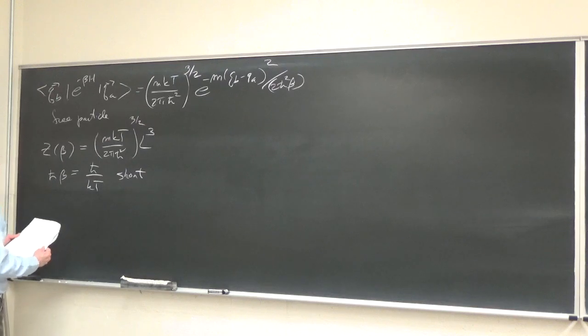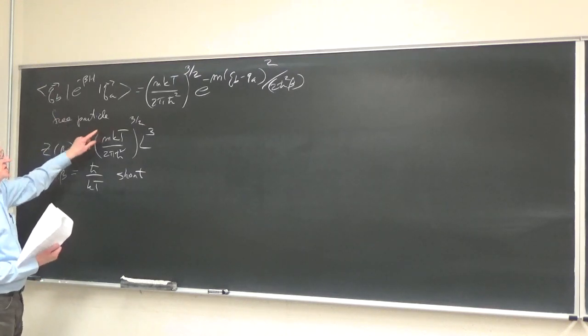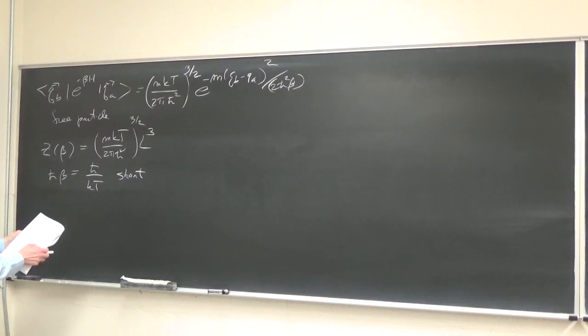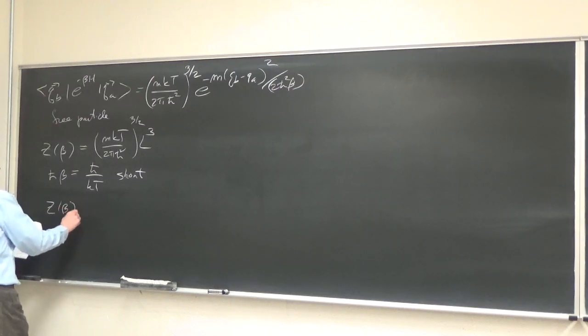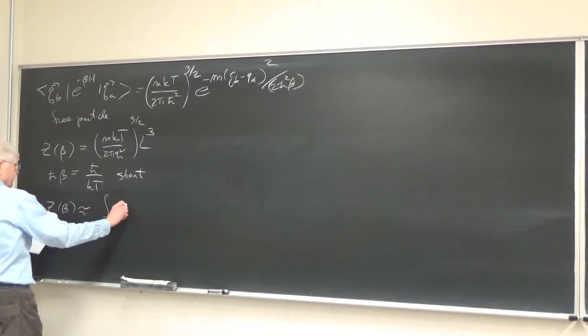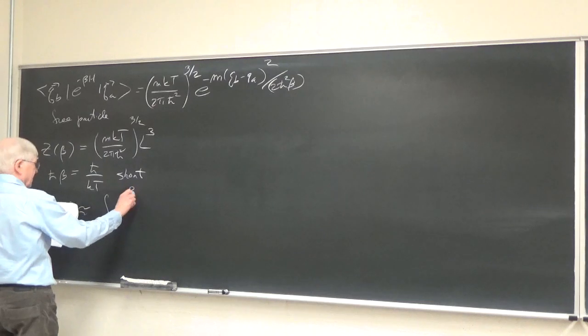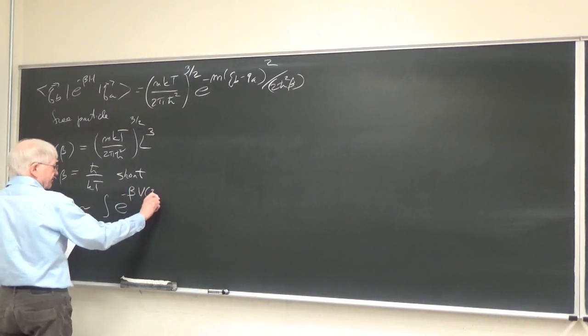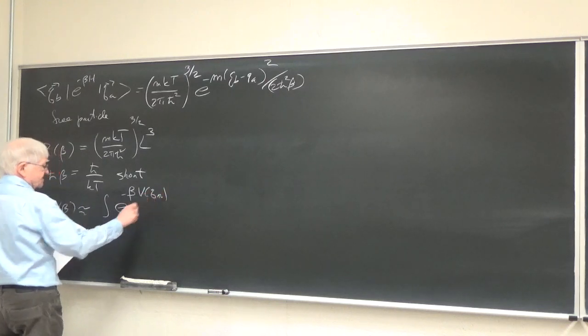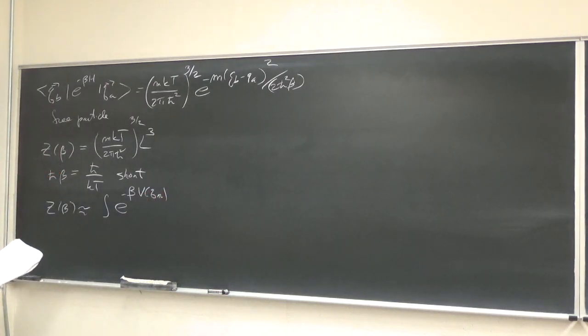And this is for something more general than the free particle. So this was just a free particle. But if we're speaking more generally, then Z(β) is approximately e^(−βV(qN)), the last, or it could have been qB or qA.